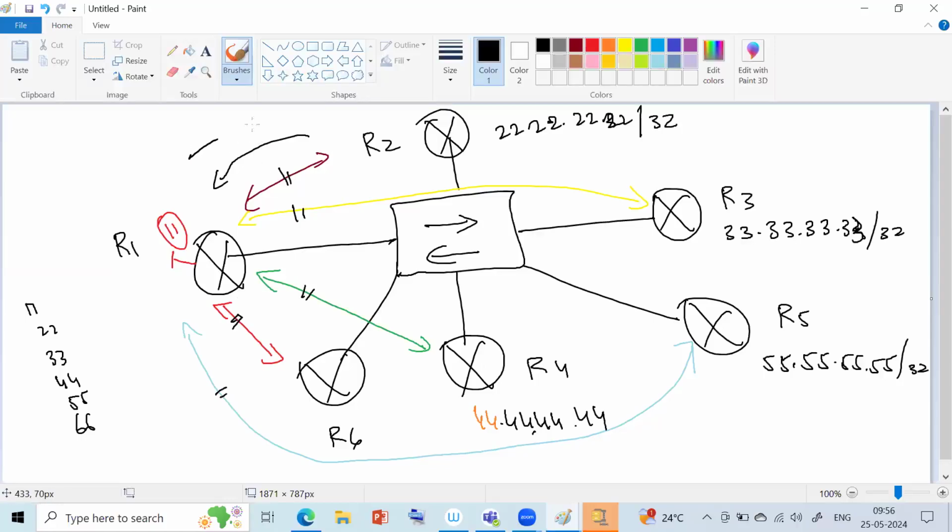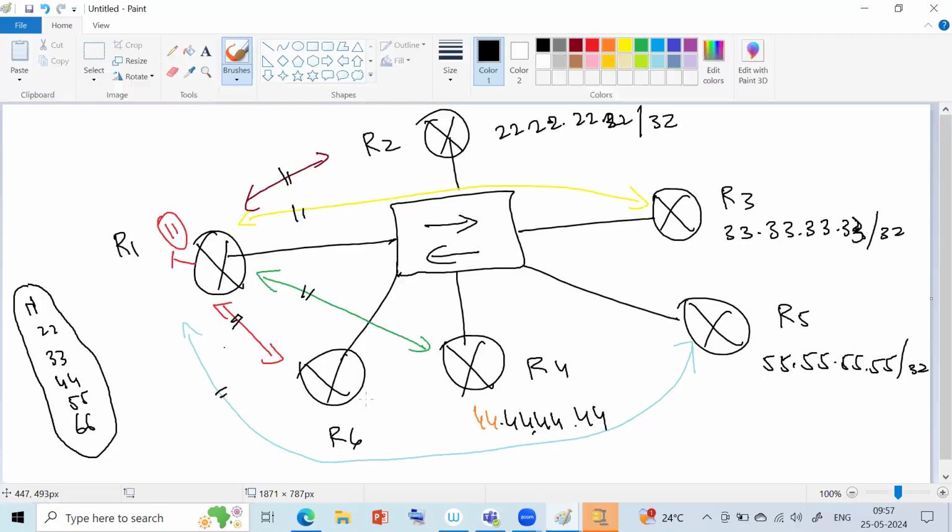So it won't send 22 back here, right? What it will do is send the rest of the networks, which is 33, 44, 55, 66, and 11, to R2.